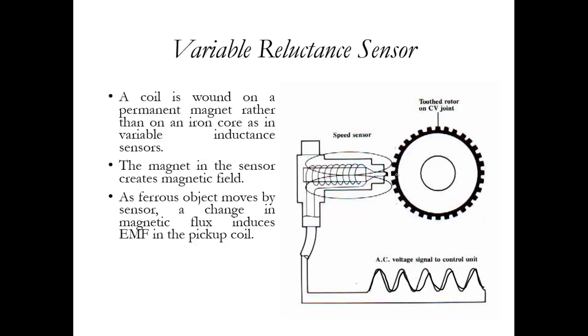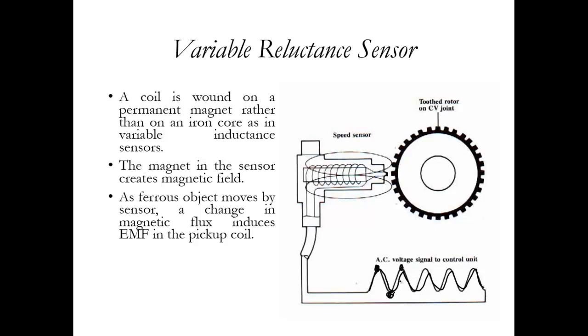The moment we put it near, it changes the magnetic field, and the changing magnetic field causes production of voltage, or you can say current, in the coil, which can be picked up. And the moment it goes to the far away part, the voltage drops, and that voltage drop can be corresponded to this point, and the tooth part to this one.